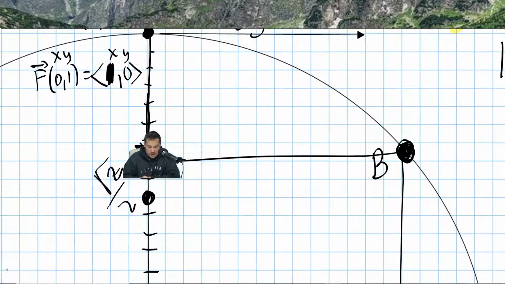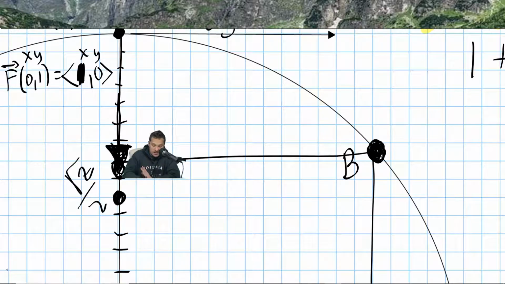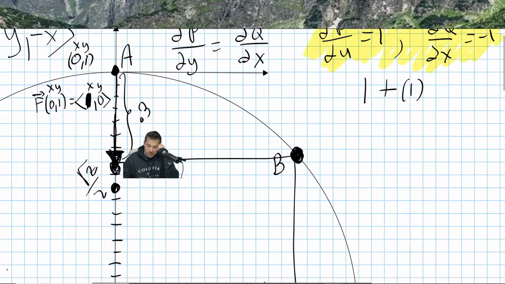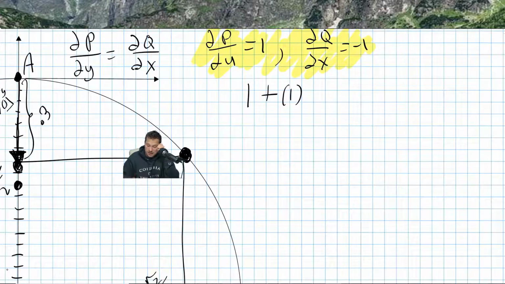Since the x-coordinate at point B is root 2 over 2, that's about 0.7, which means that the change in y is this quantity here. That's about 0.3. I'm really rough here. So back here I would say it's the x component at A plus the rate of change, which is 1, multiplied by delta y, that's 0.3.